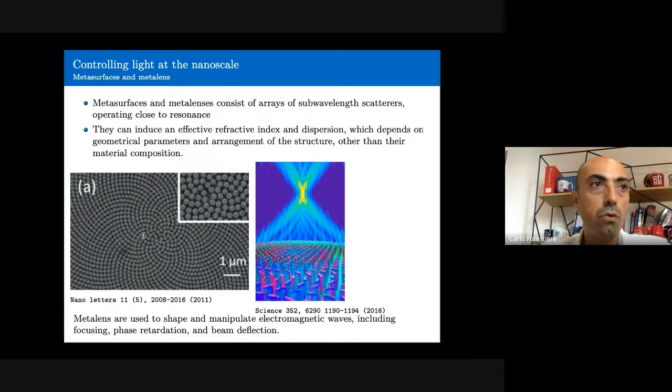These structures are called metasurfaces or metalenses, and there is a lot of excitement in the community about this technology.